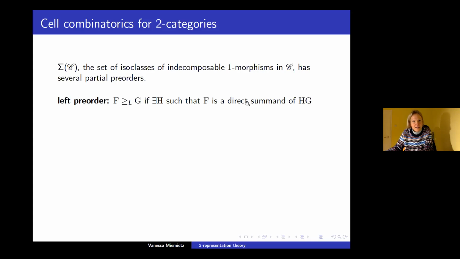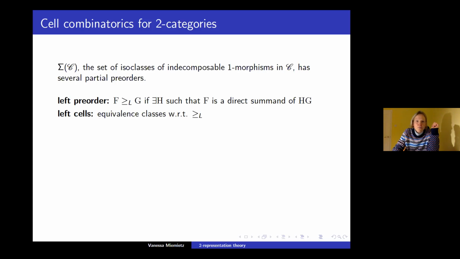We say that f is left greater than or equal to g if I can multiply g by something from the left and get f as a summand. So somehow f is left greater than or equal to g if it's in the left ideal generated by g.